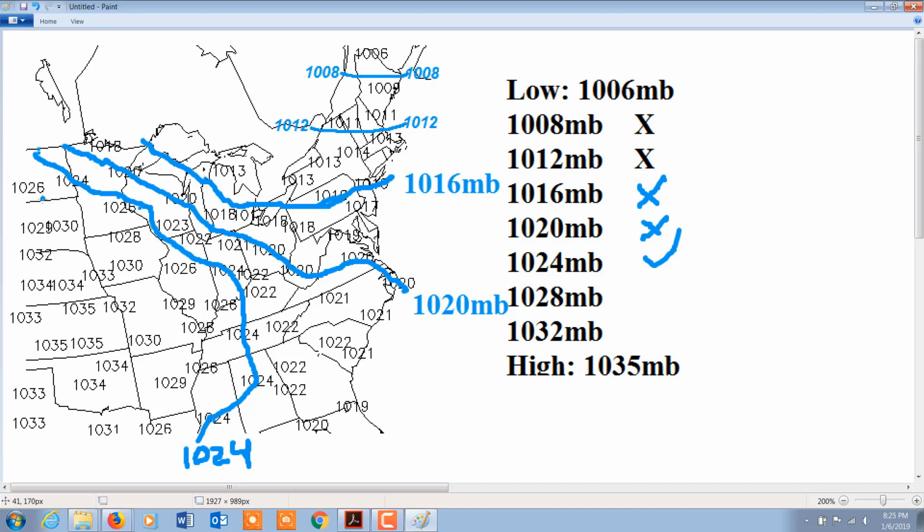Next, we'll do 1028. Between 1026 and 1030, there'll be a 1028. Here, we'll see a 1028 somewhere. Right here, there's a 1028. That's here. That's a 1026. That's a 1025. That's a 1026. 1029. So there'll be one right here. There'll be one right here.